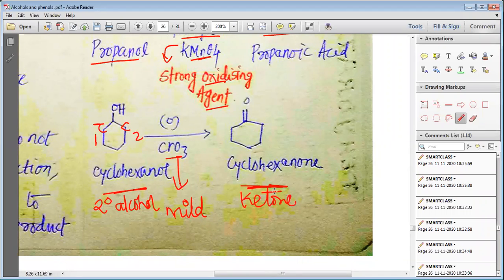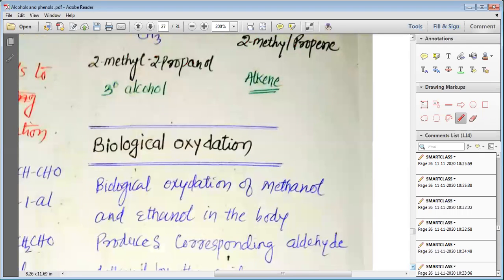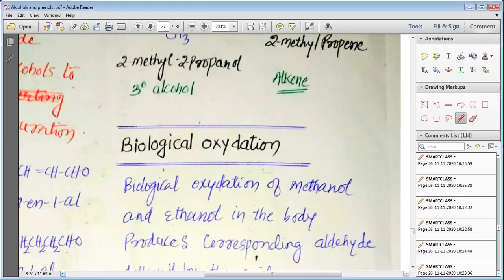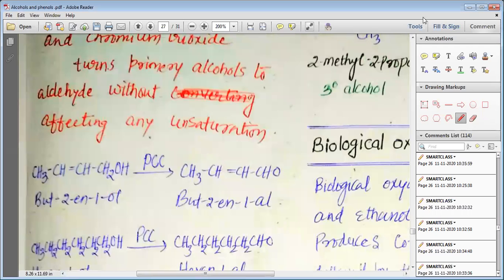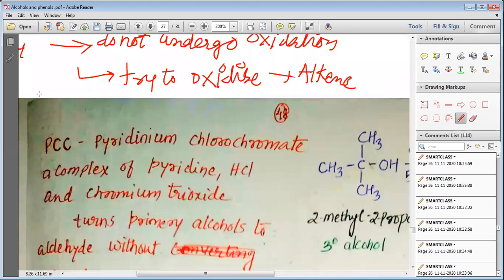So this is how, my dear students, we understand about the oxidation of the various alcohols. Let us move forward to study more about the alcohols. Now, my dear students, we are going to study about a very important oxidizing agent which is known as PCC.